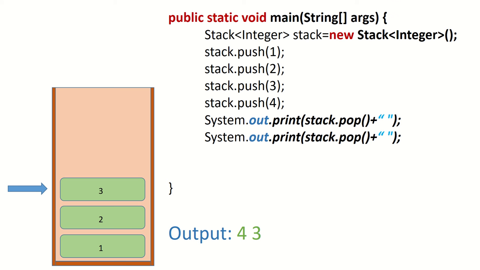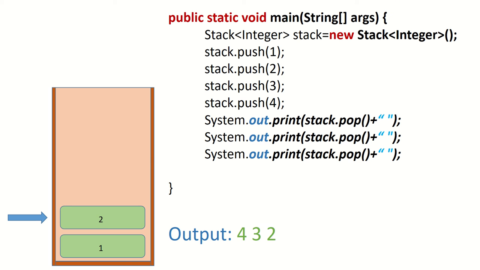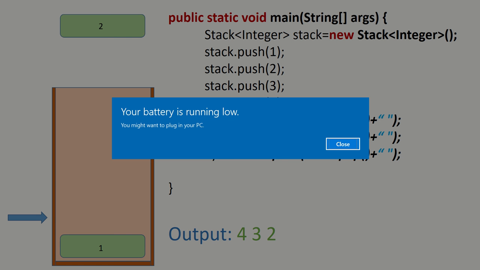Let's call the pop method again. So it will remove 3, top will point to the next last inserted element, and the output is 4 and 3. Let's call the pop method again.